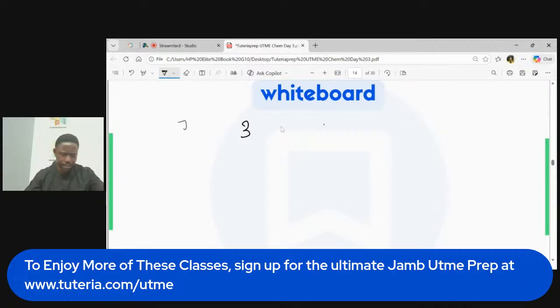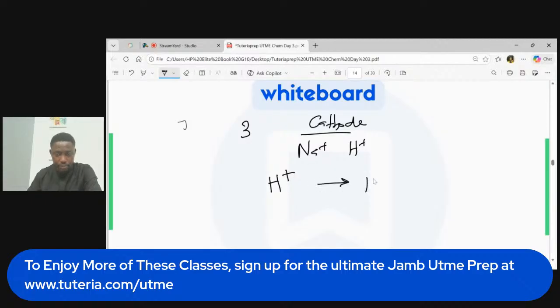All right, so let's go on with what happens at the cathode. I said at the cathode we have sodium ions and hydrogen ions competing, and we've said that hydrogen ions will be preferentially discharged. So we're writing the equation for hydrogen ions. We want to write H+, because we are starting from the hydrogen ion, and you just have to make it neutral.